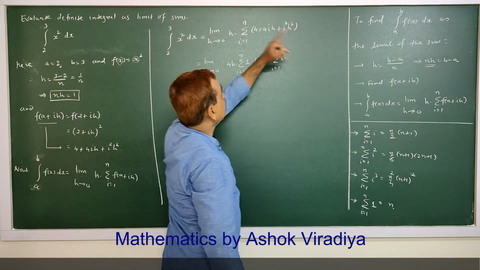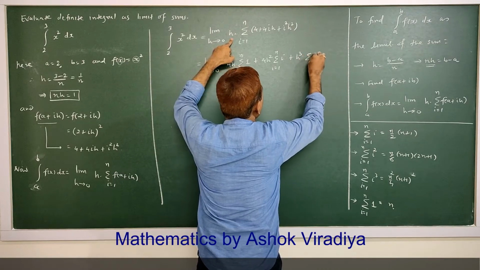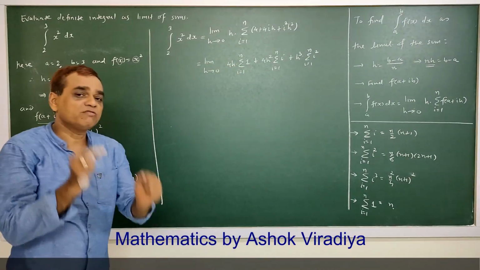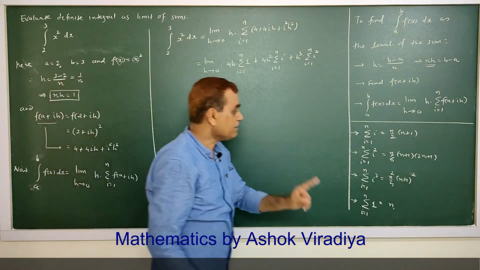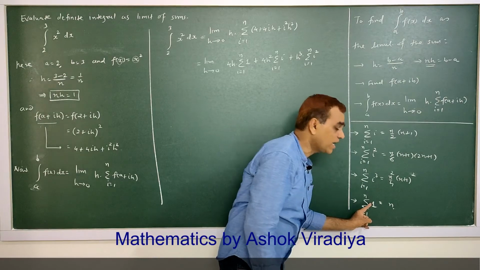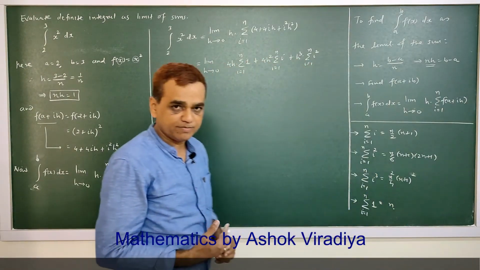Then I take h square outside, so h square into h is h cube sigma i square, i equal to 1 to n. With sigma you keep only i square, i cube or 1, and h or constants are taken outside.